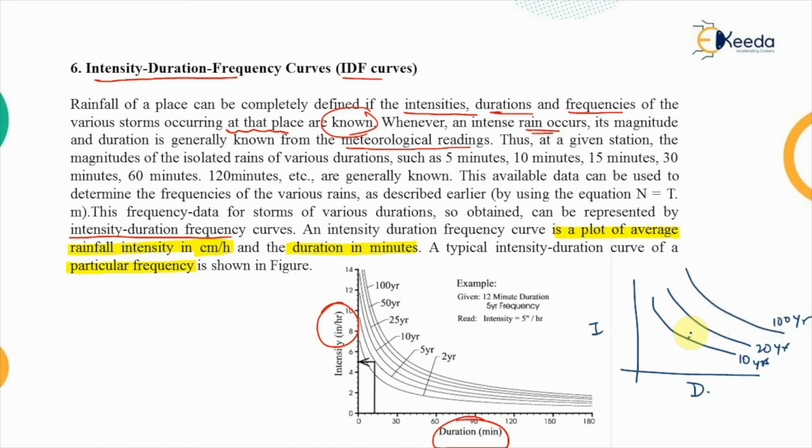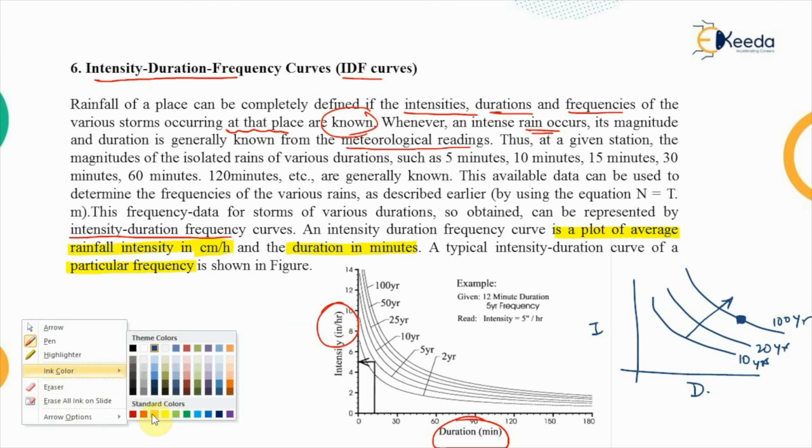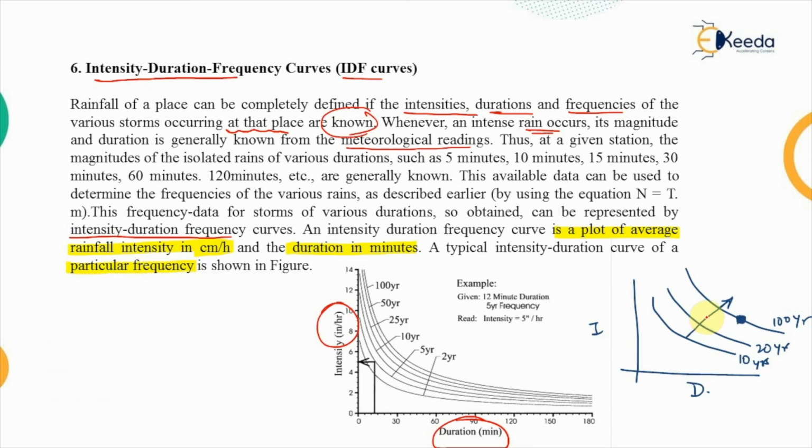The return period is increasing in the outward direction, so the frequency is decreasing. That means this highlighted storm is repeating after every 100 years, so the frequency is once in 100 years. There is very little chance of that type of storm.